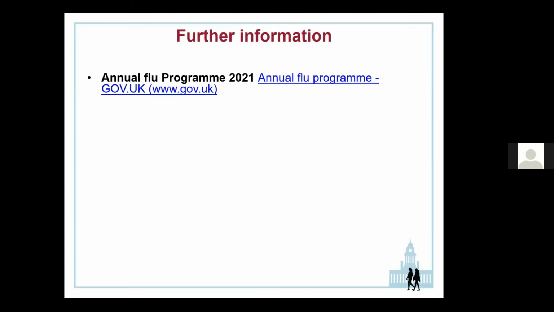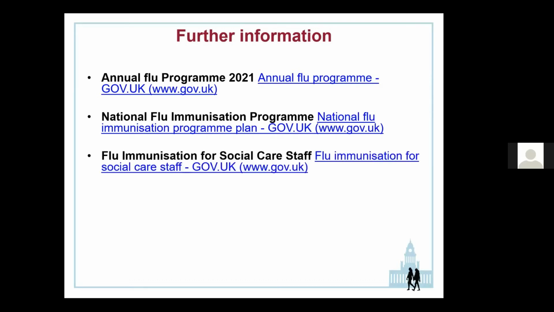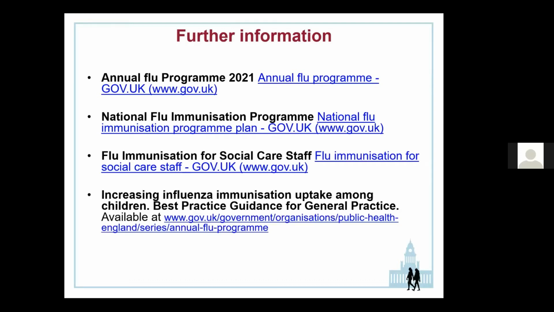For further information, there is some available as listed on this slide, which includes the annual flu programme, the National Flu Immunisation Programme, flu immunisation for social care staff, and increasing influenza immunisation uptake amongst children.